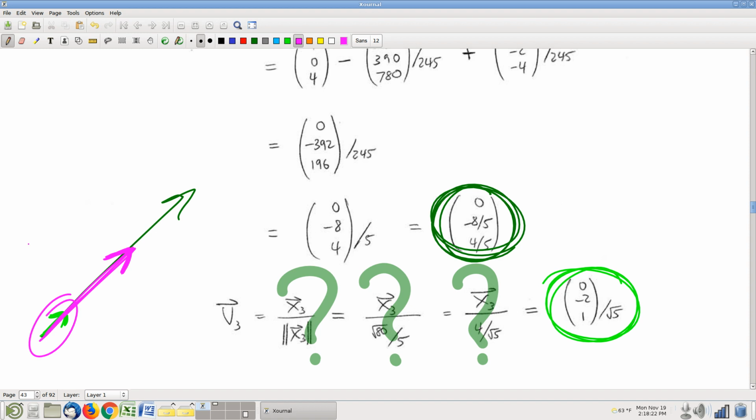The unit vector that points in the direction of the purple vector is exactly the same as the unit vector that points in the direction of the dark green vector. So here's what I should have done then. I should have said, I don't like that vector. It's got fractions in it. The numerators have common factors. Those numbers are unnecessarily inconvenient.